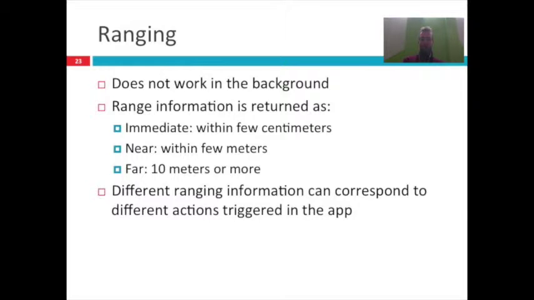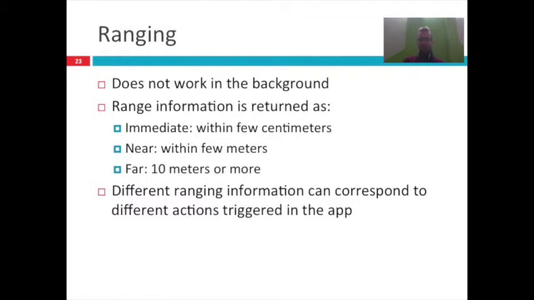The range information is returned as immediate, within a few centimeters, near, within few meters, or far, 10 meters or more. Different ranging information can correspond to different actions triggered in the app. The kind of granularity that you get out of ranging, as you can imagine, is quite coarse.